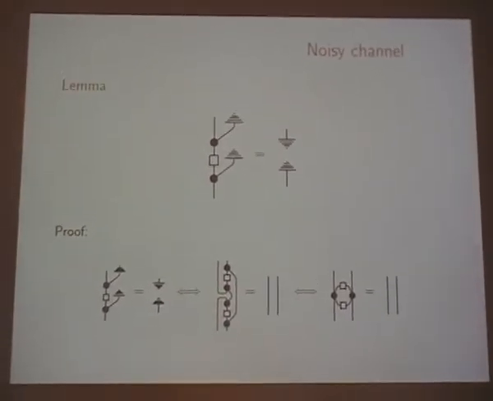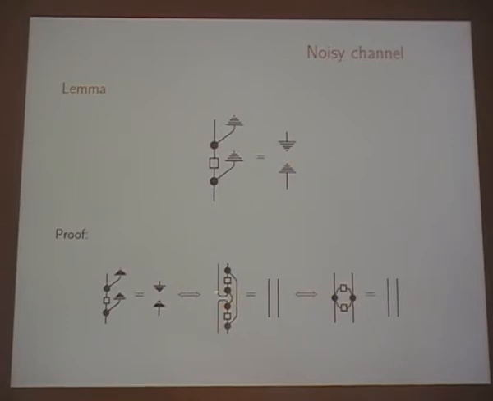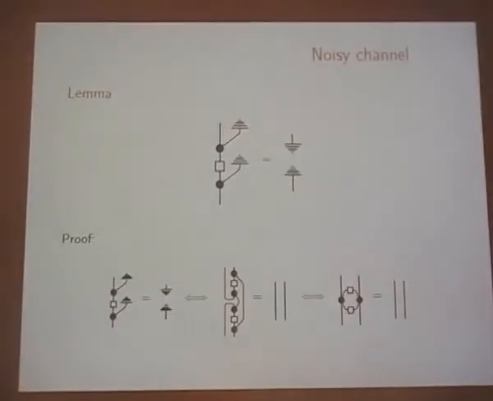And now, if you apply the spider, you can rewrite this part as this one, just by merging these two dots here and these two here. So we obtain this, and thanks to the flow here, this one is equal to just a disconnected thing.